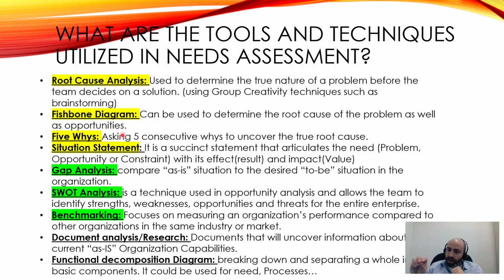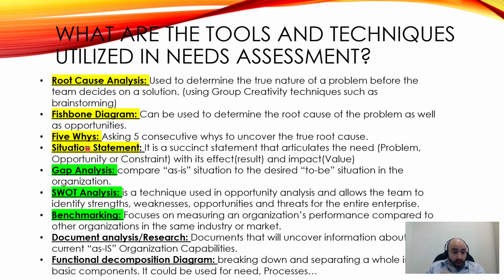It looks like a fish with causes and sub-causes, a backbone of the fish, and then you have the skin, the bones, which are the causes and sub-causes, which lead to the problem at the tip of the bone. So these are all causes filled on that diagram in order to understand what was the cause of that problem that led us to be here in that organization.